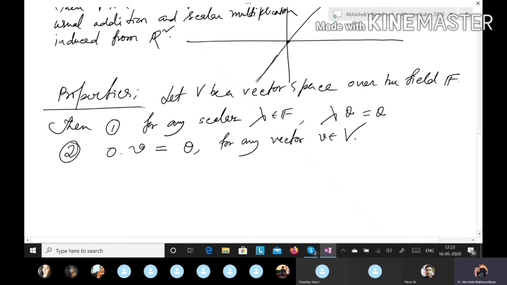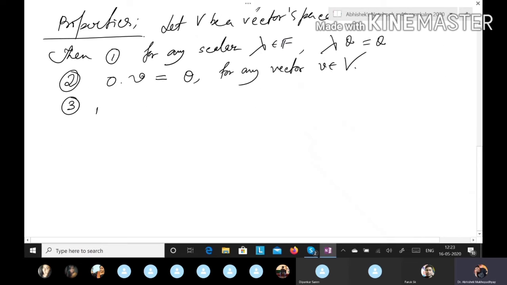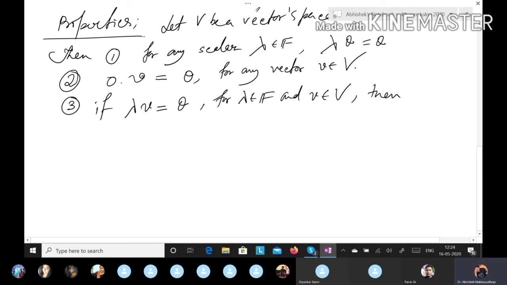Third one is, if lambda V equals theta, for lambda belonging to F, lambda a scalar and V a vector, then we shall get one of the following: either lambda will be 0 or V is the zero vector.